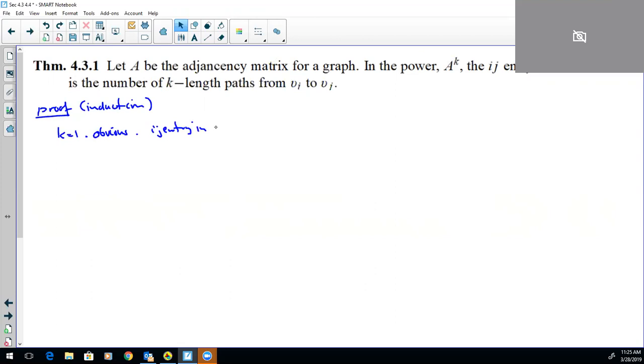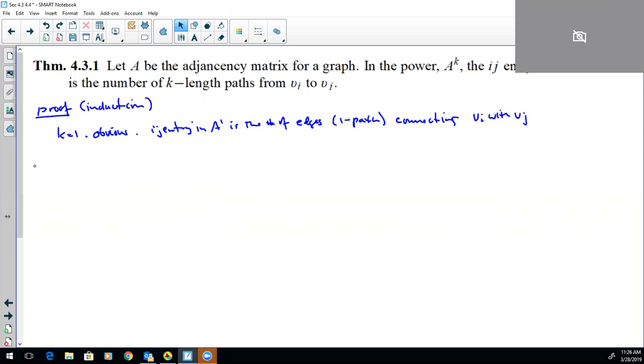The ij entry in A to the first power is the number of single edges, or just edges, and an edge will be a one-path. So it's the number of one-paths connecting vertex I to vertex J. So the k equals 1 case is true.